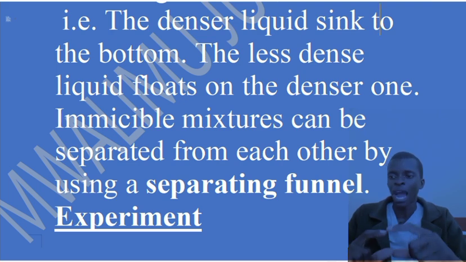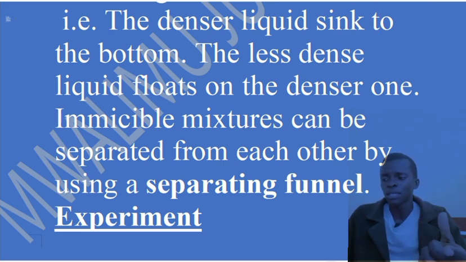Then we'll have the layer that contains both the dense and the less dense, that we'll have to discard. So some volume of the dense and the less dense will be in what we are discarding, which makes us not obtain the entire volume of the liquids that we have used.